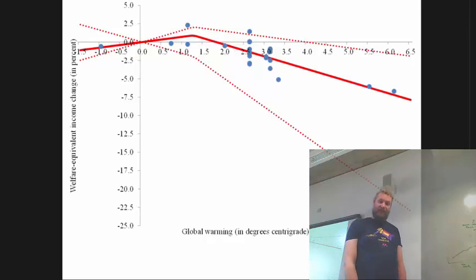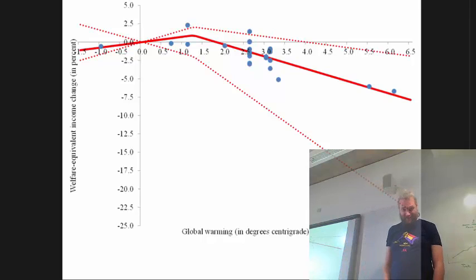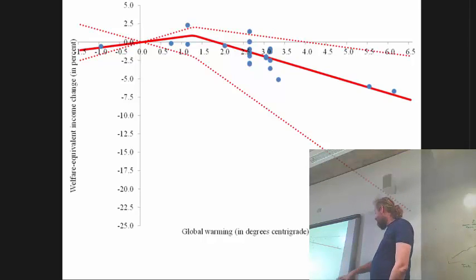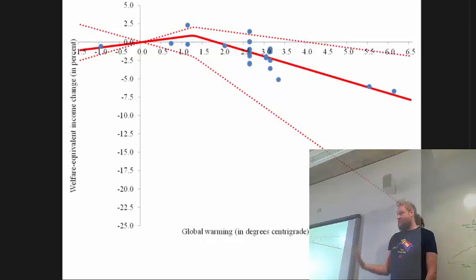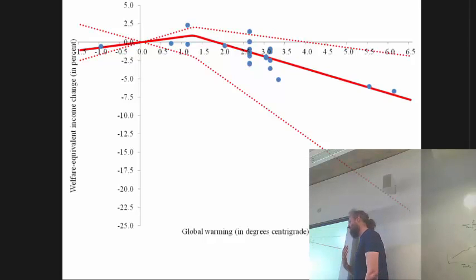Or phrased differently, the skew is the wrong way and the right tail is heavier than the left tail. And that goes back to emission scenarios. It's much easier to imagine a world where there's high carbon dioxide emissions than to imagine a world where we rapidly transition to carbon-free technology. That has to do with climate sensitivity.